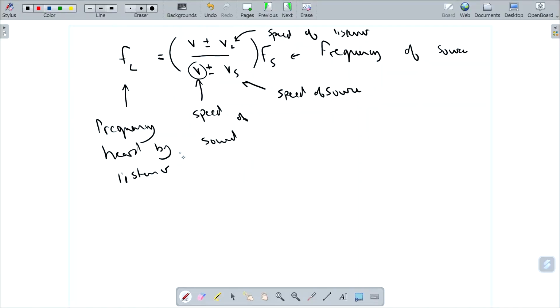So first, if the source moves towards the listener, in this case the velocity of the source is going to be negative.